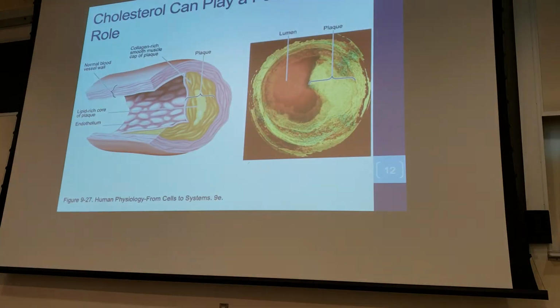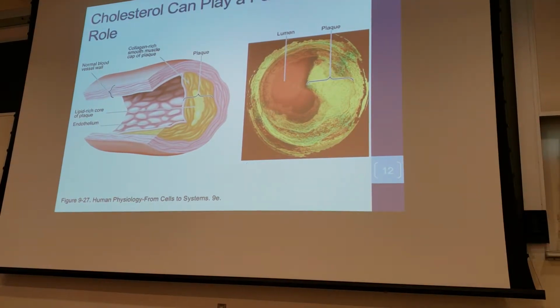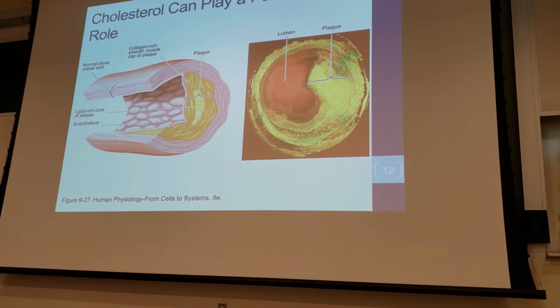But if you have too much, then you get into this kind of issue. And at least half of your classmates here will encounter this at some point in their lives, right? Half of the Americans develop these plaques in their arteries. And so these plaques have a very lipid-rich core where a lot of cholesterol is hanging out.